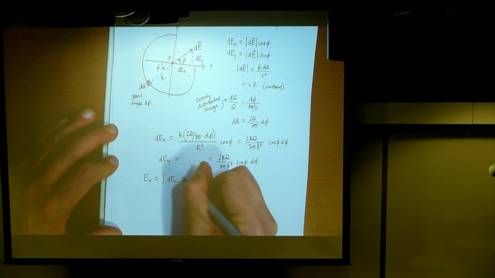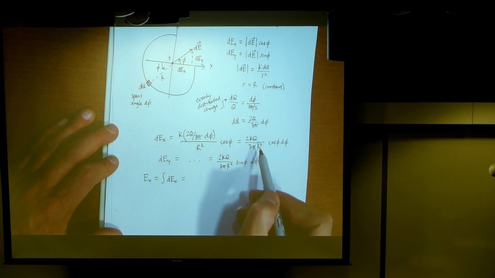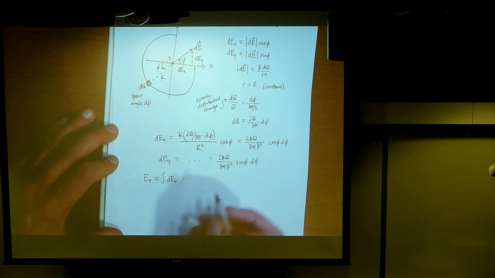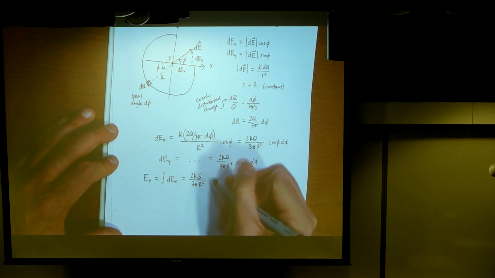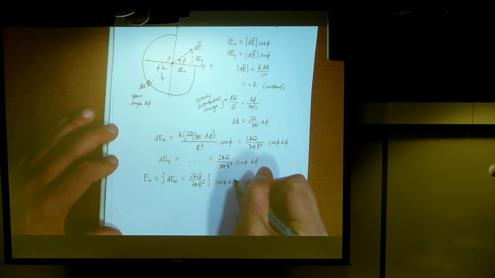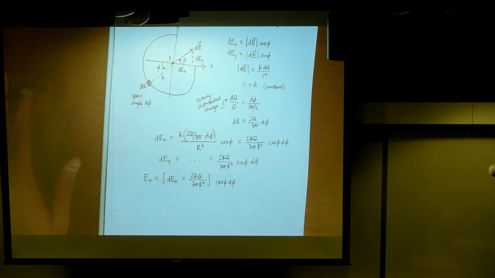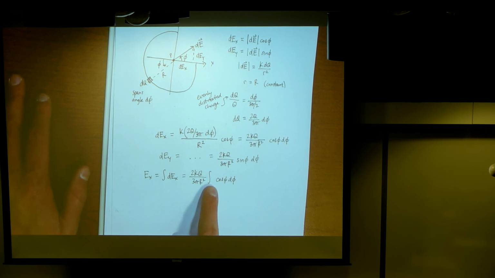So we already separated out what's constant, so I'm going to just pull that out to the front. We have 2kq divided by 3 pi R squared. Then we have the integral of cosine phi d phi. If we can just evaluate this integral, we'll have our answer, but we need to put limits on it, right?